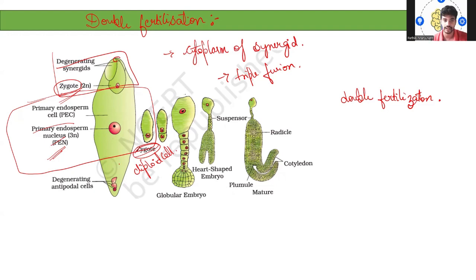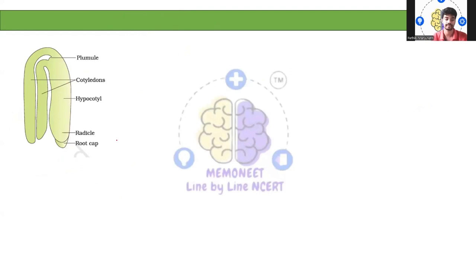As you can see here, the zygote part will develop into the embryo region, and the PEN region will develop into the endosperm. Clear? So this is all about double fertilization.